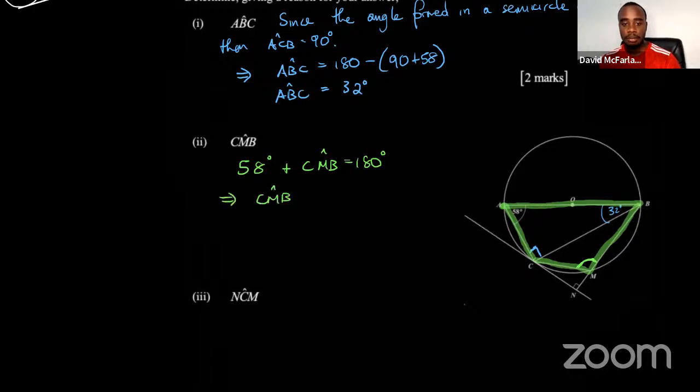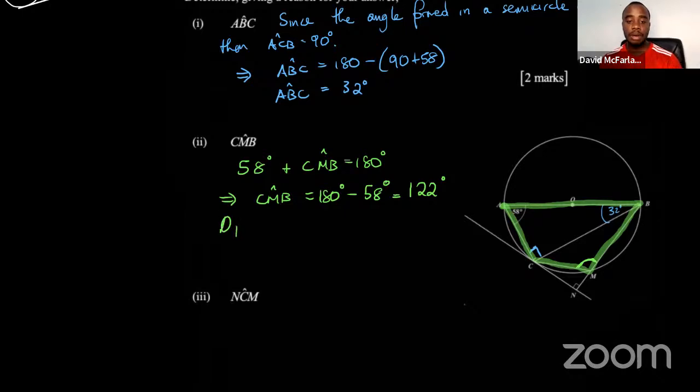Therefore, CMB is equal to 180 minus 58 degrees, and that is equal to 122 degrees. Okay? So CMB is 122 degrees.